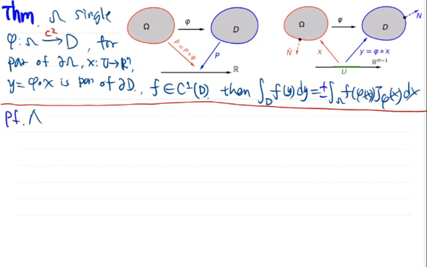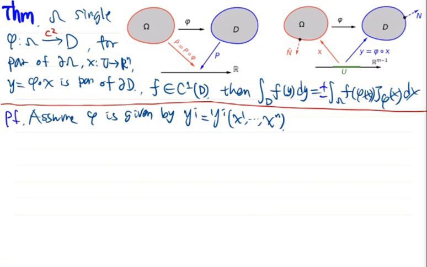Assume that phi is given by this map: y_i equals phi_i, where y_i depends on x1 to xn.